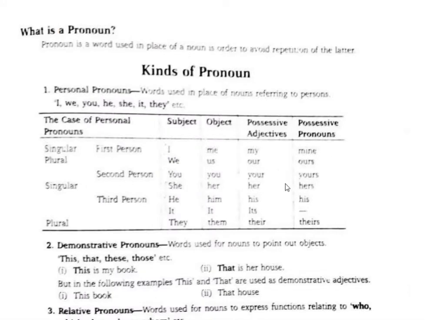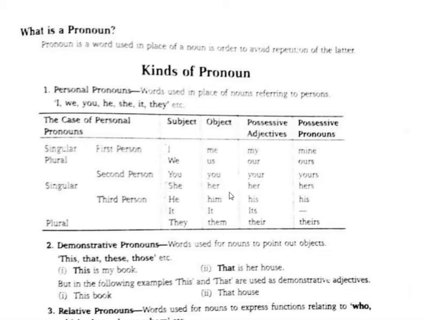So here kinds of pronouns are given. Now here you see singular form, first person I. So if it's a subjective form or nominative form, what will be its objective form? I, me. And possessive adjective will be my. Possessive pronoun will be mine. In the case of we, us, our, ours. Now here second person: you, your, yours.